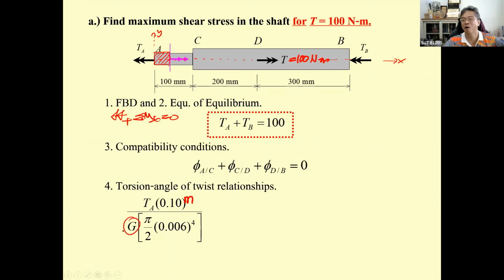Because the whole shaft is made of the same material, which is going to cancel later. So we don't need to put in the number, just put in the symbol. And then the diameter here is 12 millimeter. So the radius is 6 millimeter or 0.006 meter.